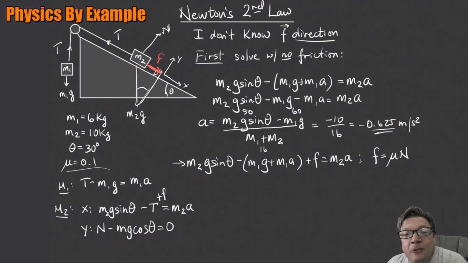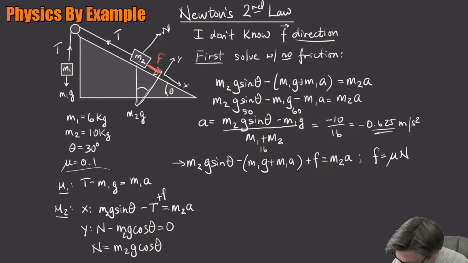This is how we get the y equation involved finally. Because what is the normal force? The normal force is M2g cosine theta. So that's how we're going to get this thing involved. So I've got M2g sine theta minus M1g minus M1a plus, what is F?